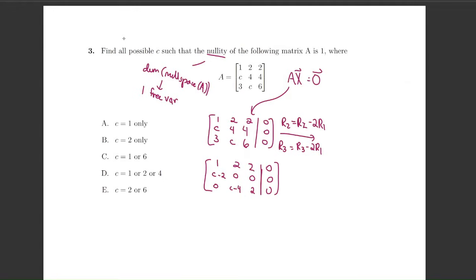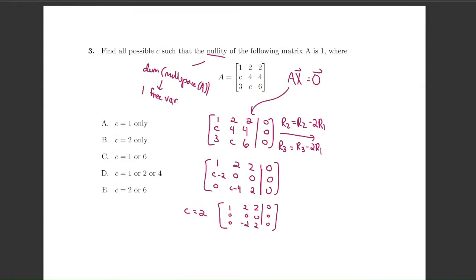And now we can look at what we have here. First of all, we can notice that we have a row that could suspiciously be a row of zeros if c is equal to 2. So if c is equal to 2, then this will become 1, 2, 2, 0, 0, 0, 0, 0, 0, 0, negative 2, 2.